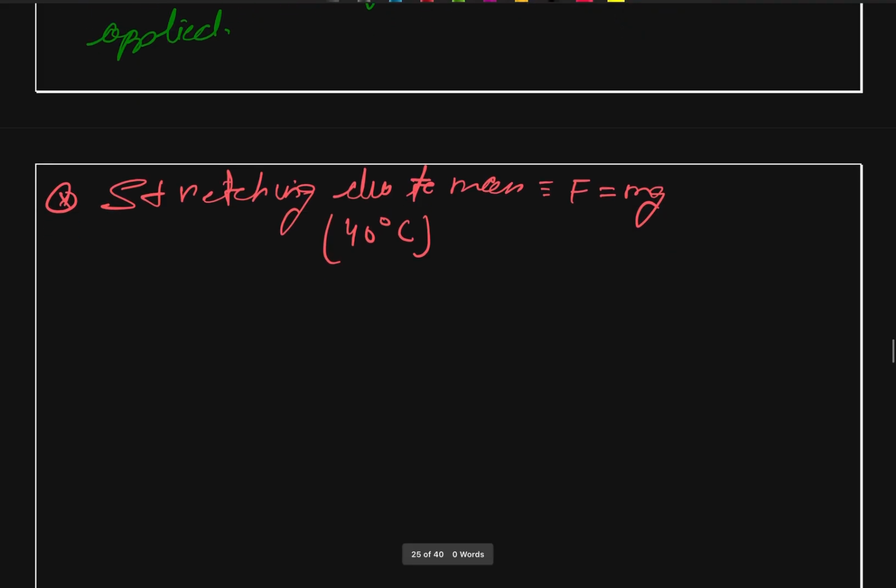We can find our area of cross section, and because we need to find the stress, we can say the stress is equal to force over area.